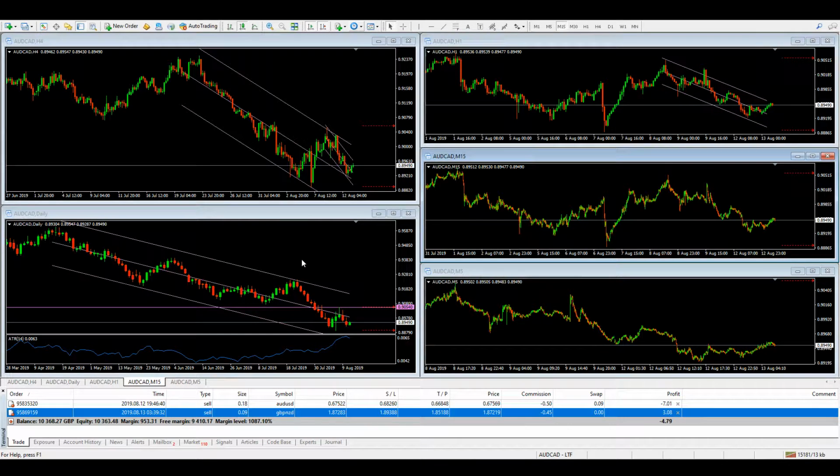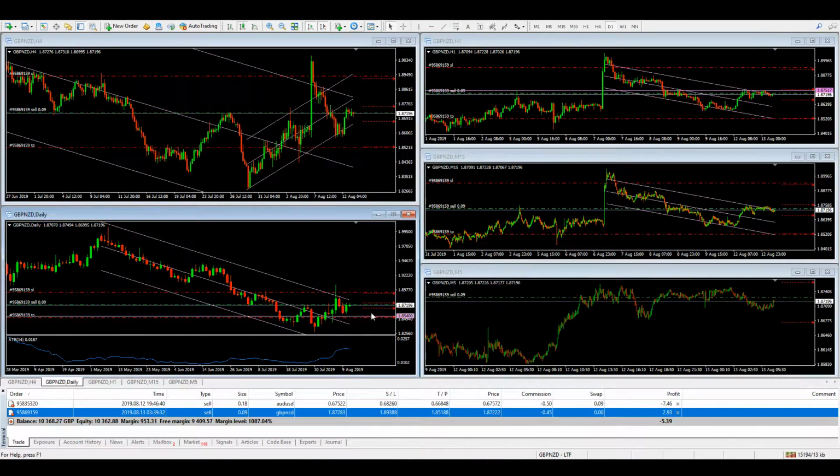So making 20 pips, 100 pips per day. It's all relative. If you've got a pair like we looked at on the GBP NZD, that moves about 200 pips on a day, 20 pips is not that big a deal.